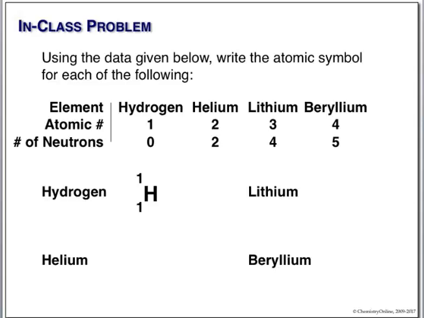We would write our symbol, Li. Our mass number goes up top. That's the sum of 3 plus 4, and that is 7. The atomic number goes as a subscript. That's the number of protons. That's 3. So we would write lithium, mass of 7, atomic number of 3.